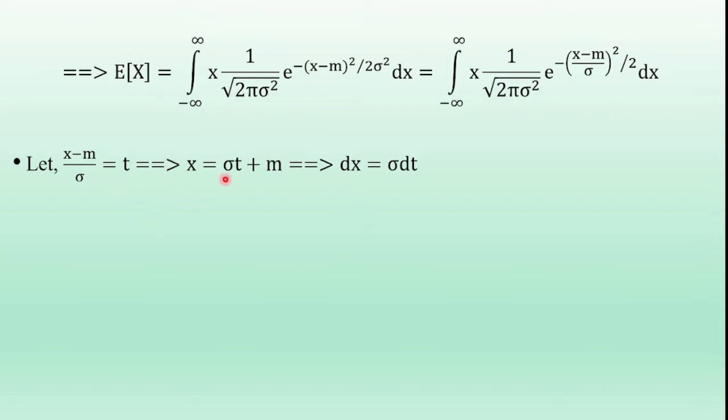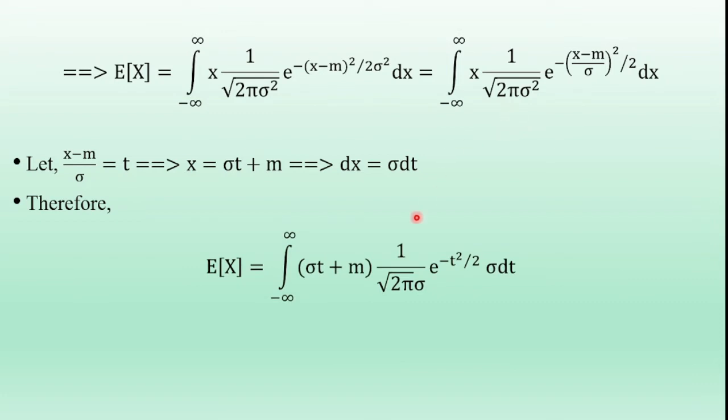Applying all these considerations to the RHS term of this equation, we get the mean value of the random variable as integral from minus infinity to infinity of x, where x is equal to sigma t plus m, into 1 by square root of 2 pi sigma square. The square root of sigma square is cancelled, so we have 1 by square root of 2 pi into sigma, e power minus t square by 2 into dx.